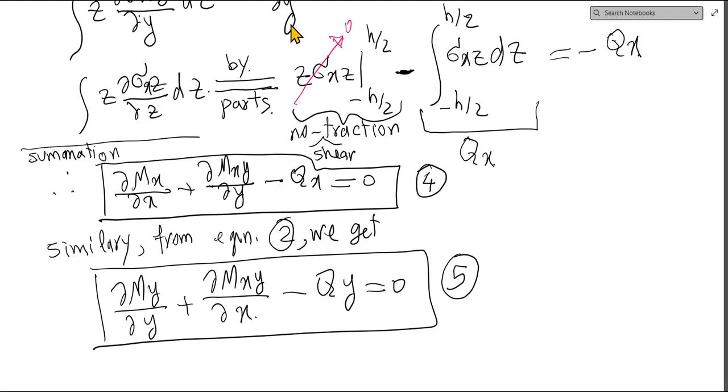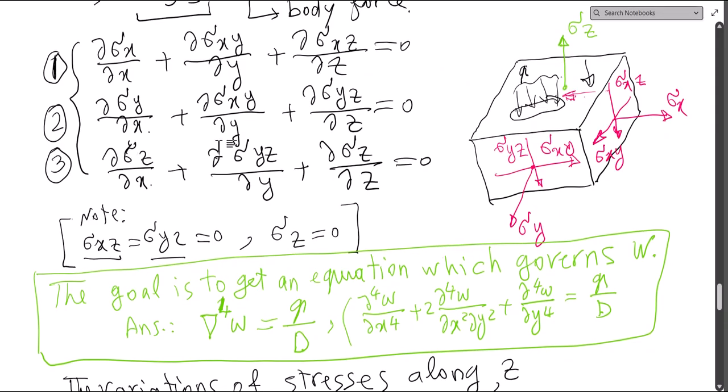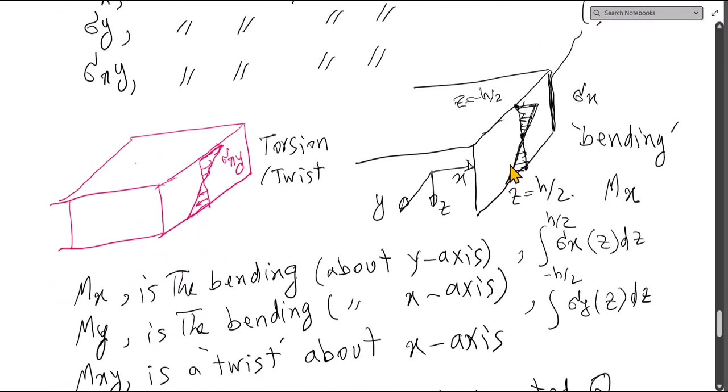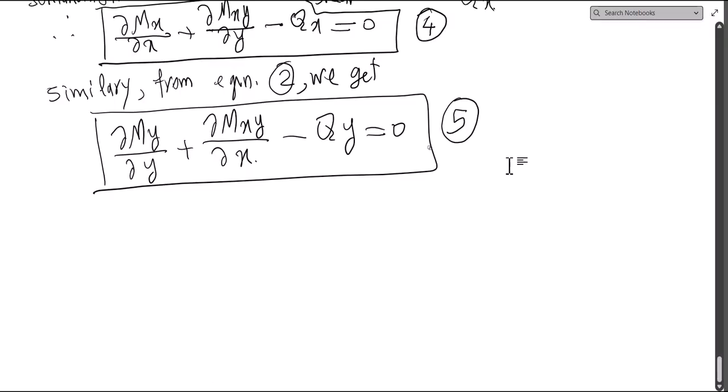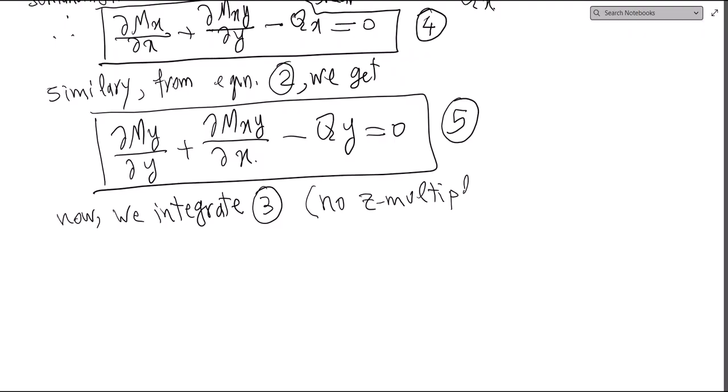Now, for the z component, we always have to be careful in this theory with the z component, which is equation 3. We don't multiply it by z. Now we integrate equation 3 with no z multiplication, because it's already in the z direction, so we use the intensity of that.